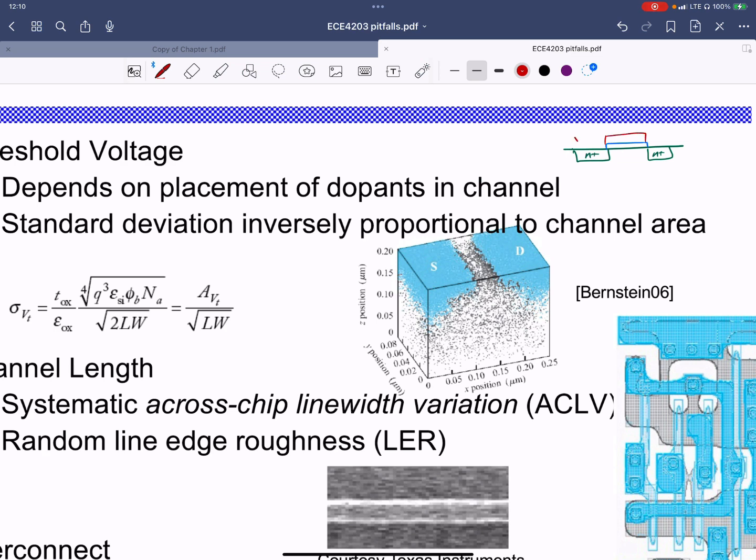So this would be the source, this would be the drain, this is the gate. So this is a representation of this.